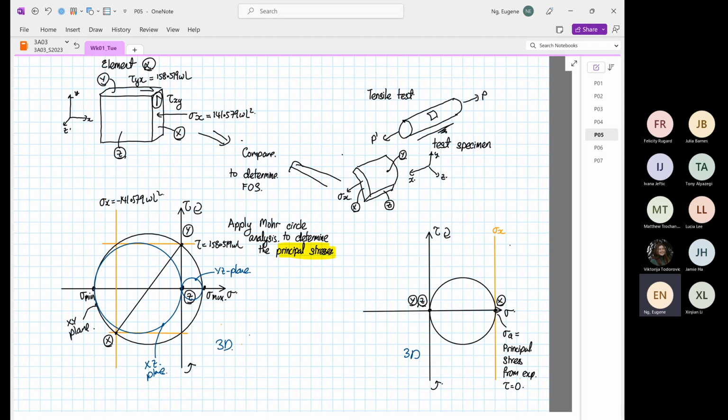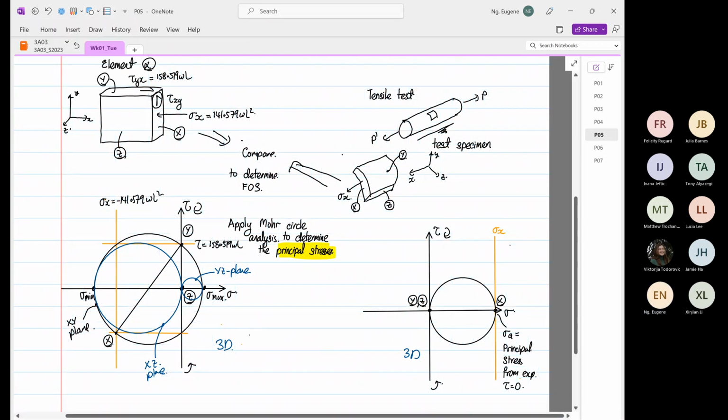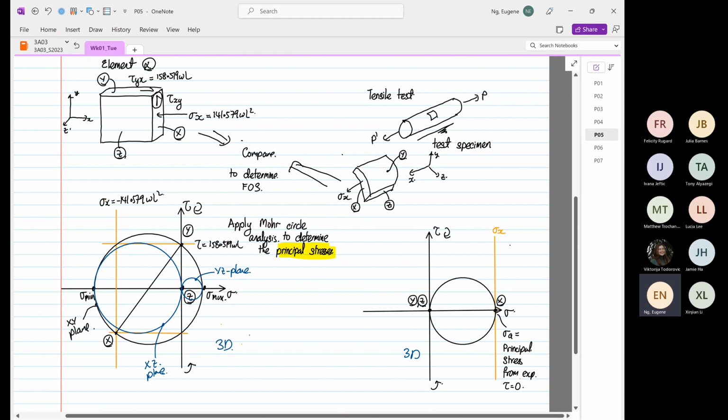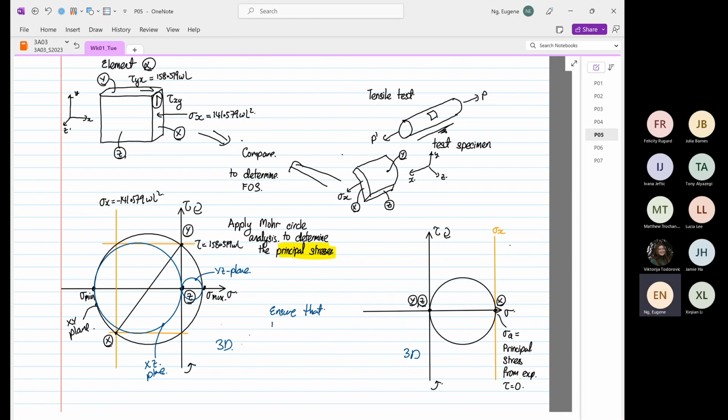So how are we going to calculate our factor of safety? The thing about calculating our factor of safety, we have to ensure that stress mean or stress max, as an absolute value, has to be less than stress A. Okay, so when it's less than stress A, then the structure is okay.